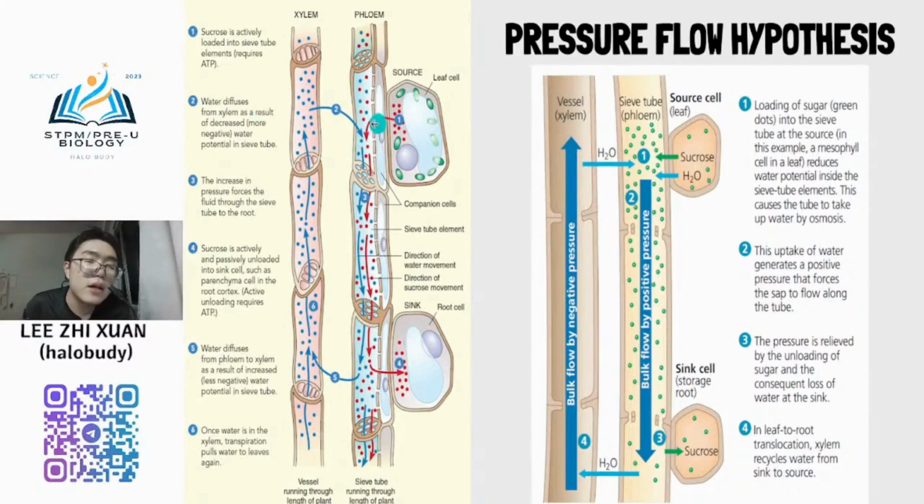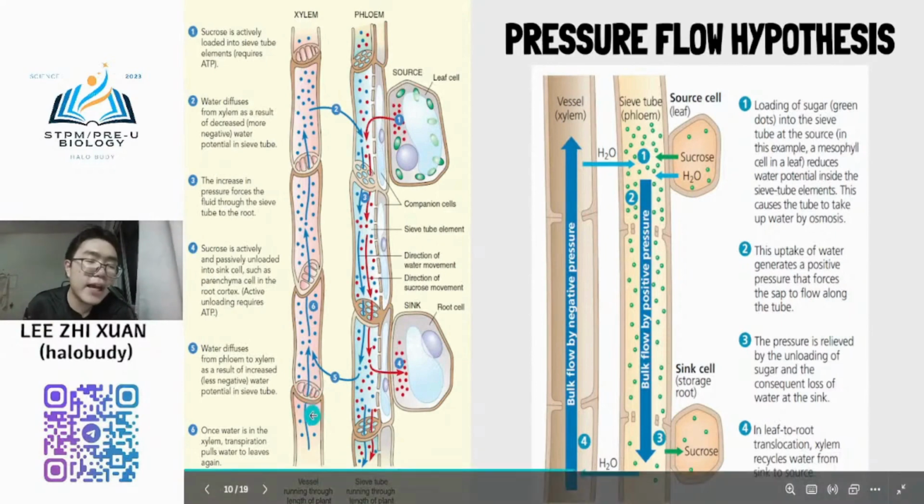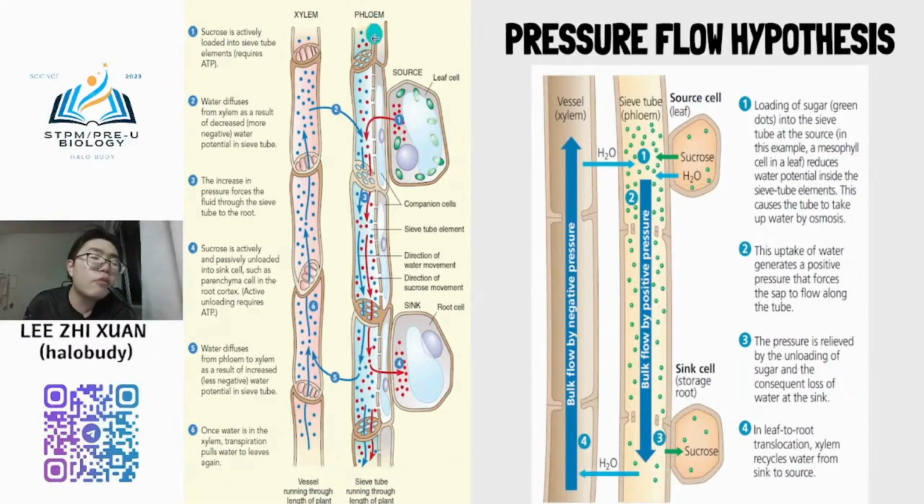So here you will require water molecules. The water molecules come out from the xylem vessel. Normally xylem and phloem are located side by side, but the transport is in opposite directions, because xylem transports water from root to shoot, and phloem transports nutrients from leaf to root. So it is totally opposite direction.